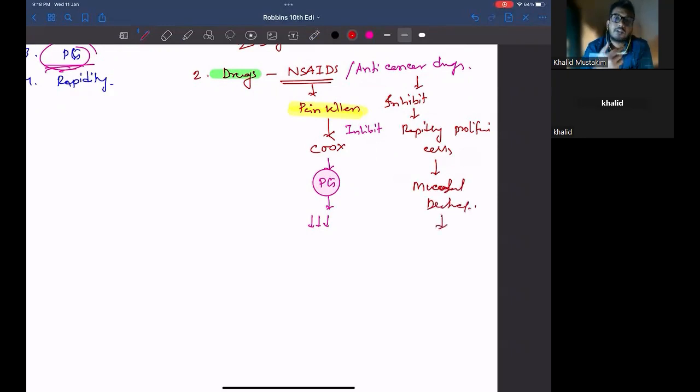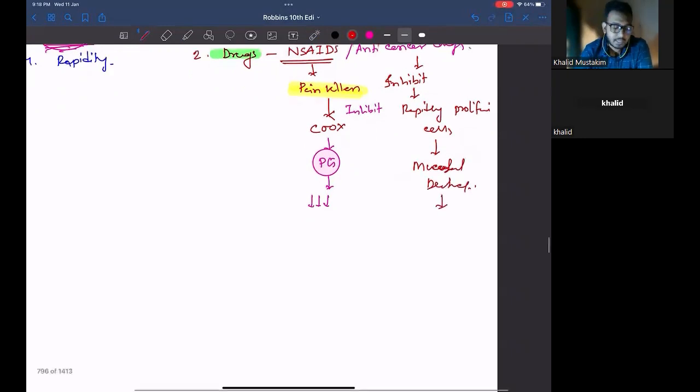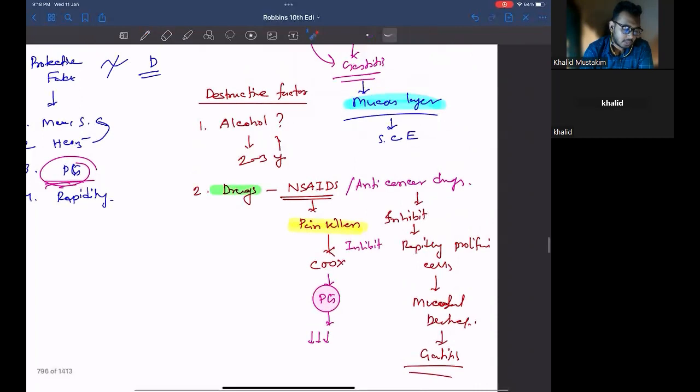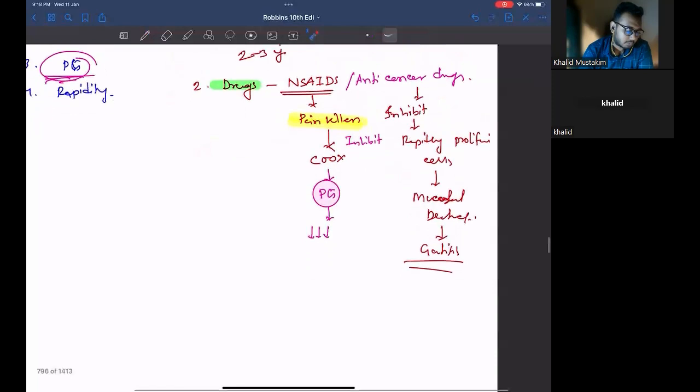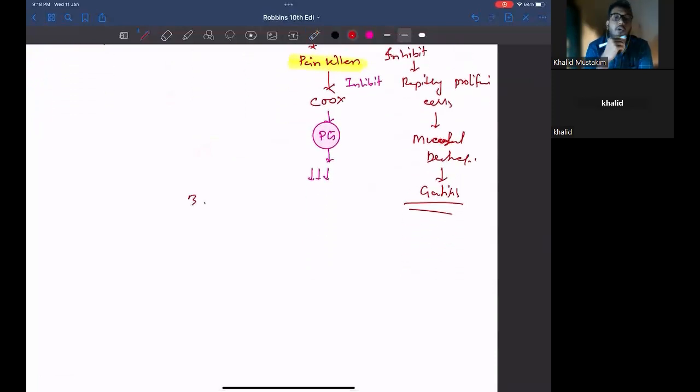When the cells of the mucosa are destroyed, there must be gastritis because the protective layer has already gone. So as compensation there will be inflammation, and we call it gastritis. So till now we have learned two factors: how alcohol is causing gastritis, then in the case of drugs, how NSAIDs or painkillers cause gastritis, and how anti-cancer drugs or chemotherapy cause gastritis. Now let's jump to our third factor.